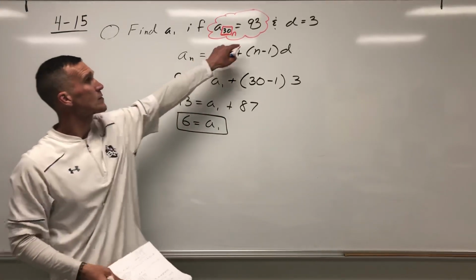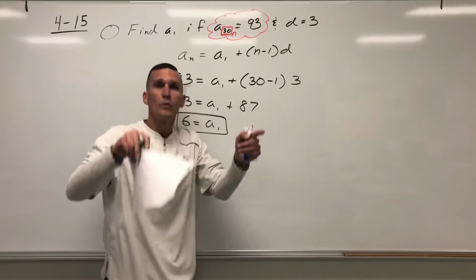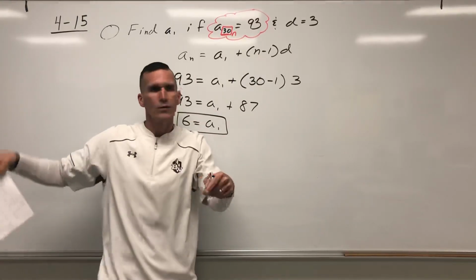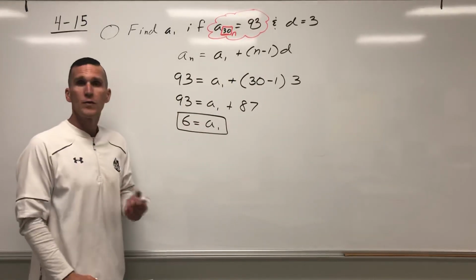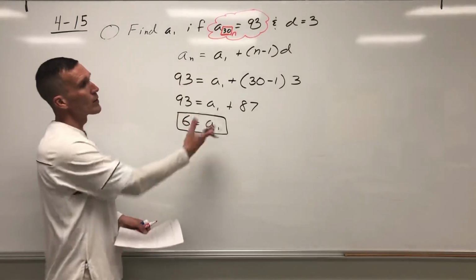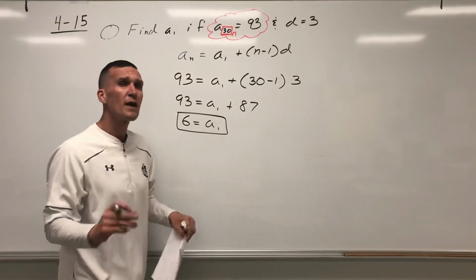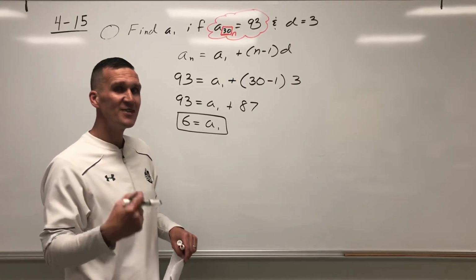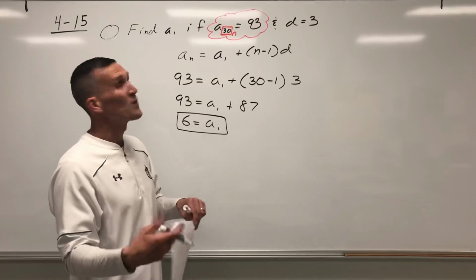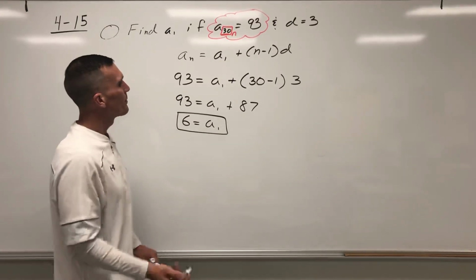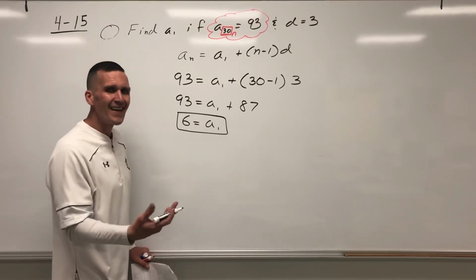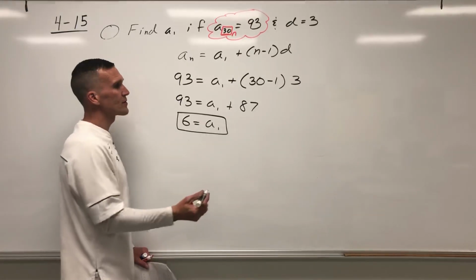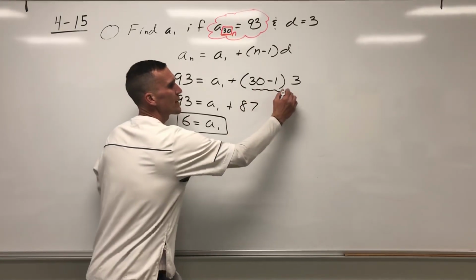So if we were to start at 93 and take away 3, take away 3, take away 3, take away 3, until you get to the first term, you would get 6. But this is the way that we would like you to do it. You might have figured out another little logic way about how many times you have to minus 3. So then you maybe just did 93 take away a number, but in all reality, if you would have done that, 29 times 3, that's what that information is.